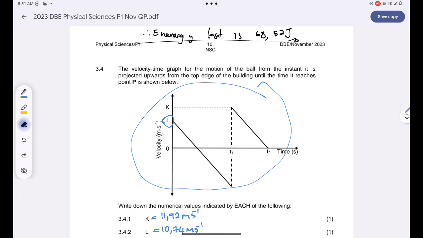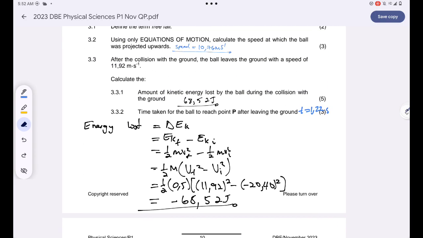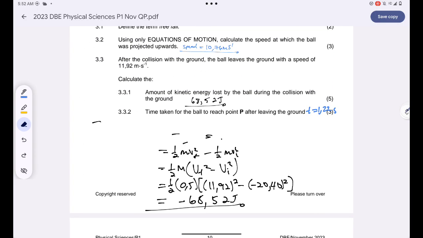So for those who took down as positive, their L will be just negative 10.74, and then this one will be negative 11.92. But it's fine. Let's just calculate, guys, and see how you are supposed to approach whenever you take down as positive.